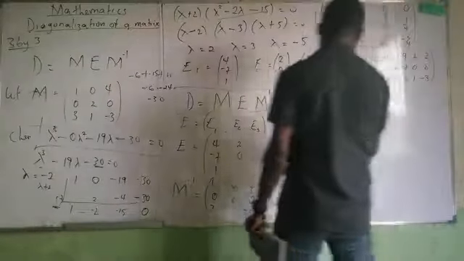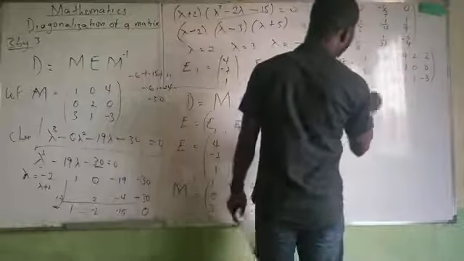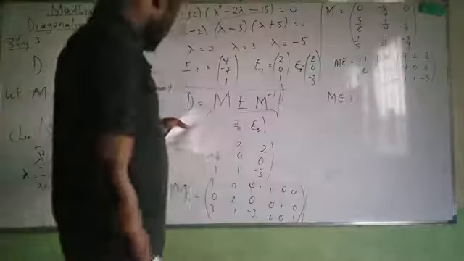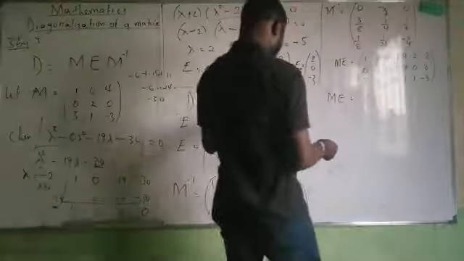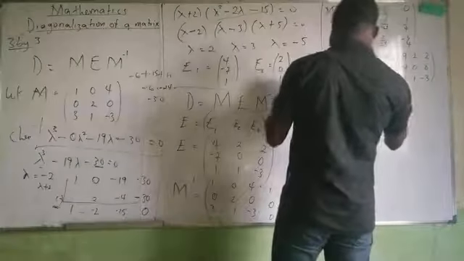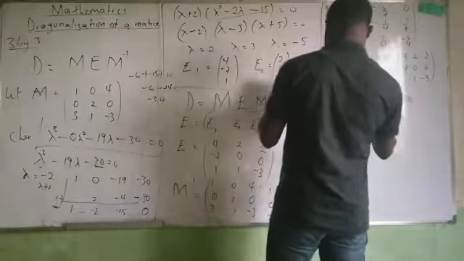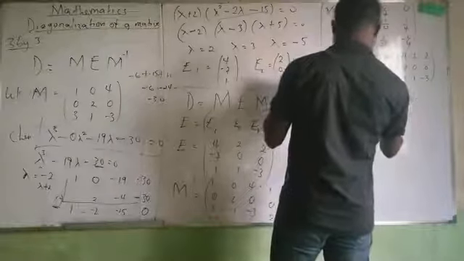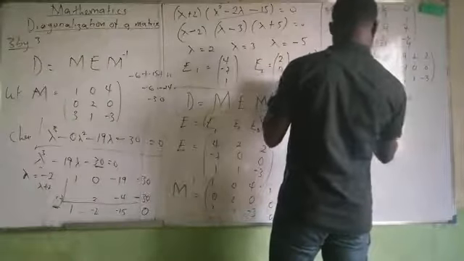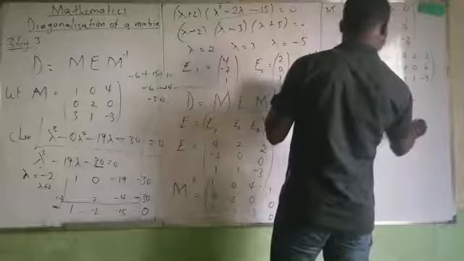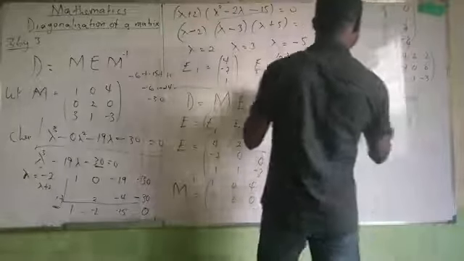By doing this, ME will be equal to 8, 6, minus 10, minus 14, 0, 0, 2, 3, minus 15, and that is my ME.